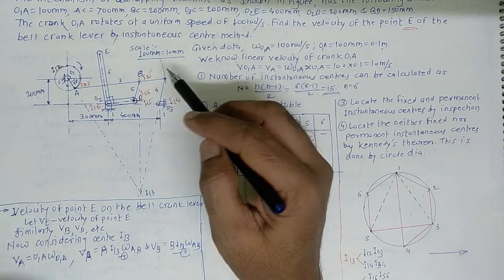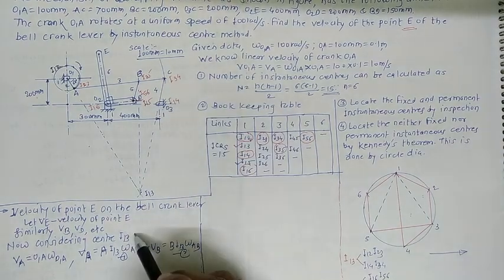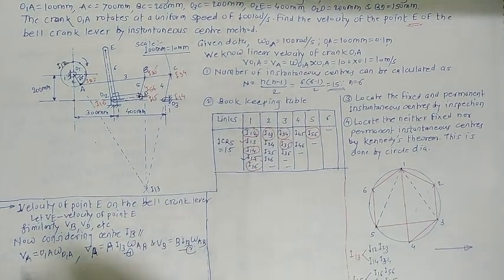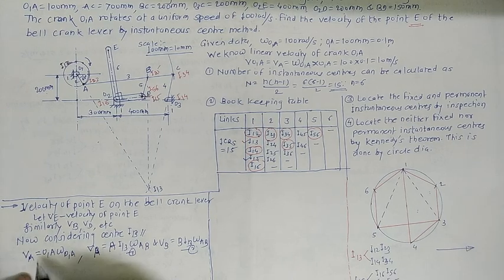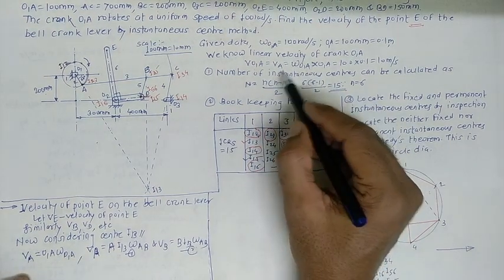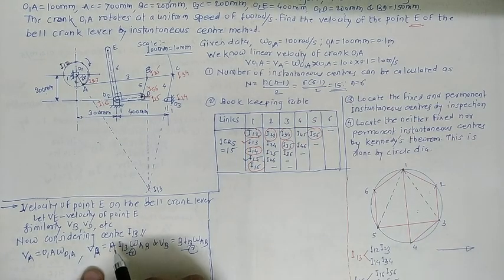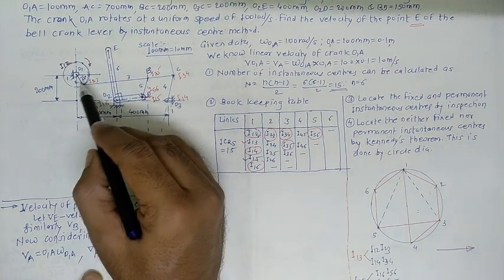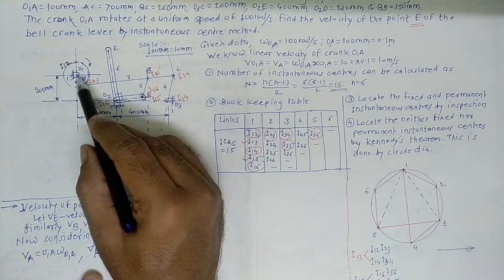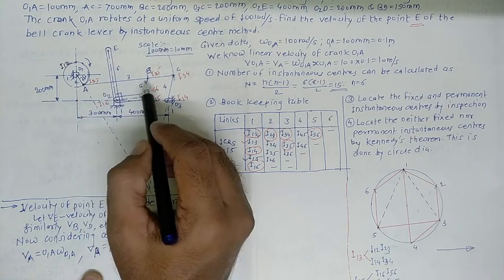Initially just consider this I13 as center of rotation and write the relation here. We already know VA equals this relation. Now one more relation you can get for that point A, as this point A lies on this link O1A as well as this link AB.